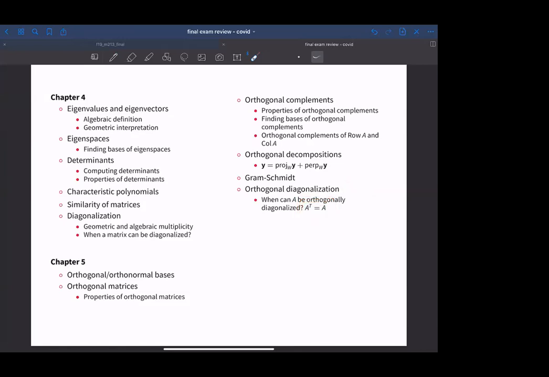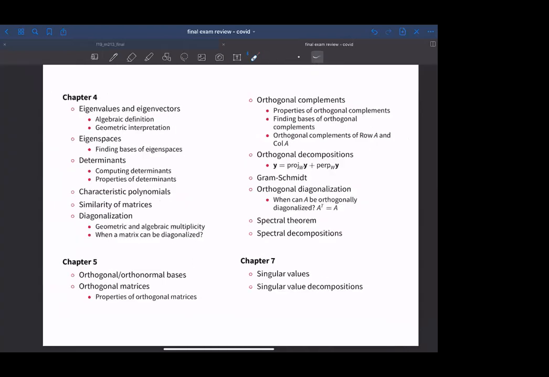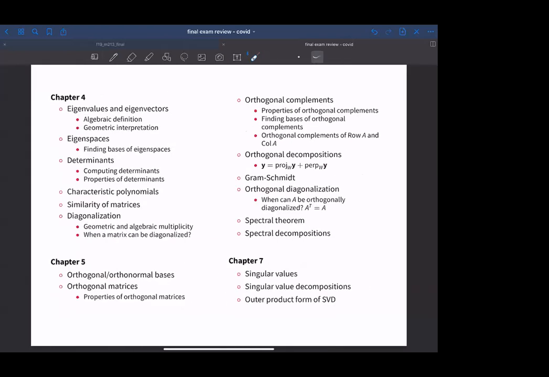And so if your matrix is symmetric, then your matrix will be orthogonally diagonalizable, and vice versa. And that's basically the content of the spectral theorem. Then we saw things like the spectral decomposition, and then we got into chapter 7 where we saw the singular value decomposition and learned about things like singular values.